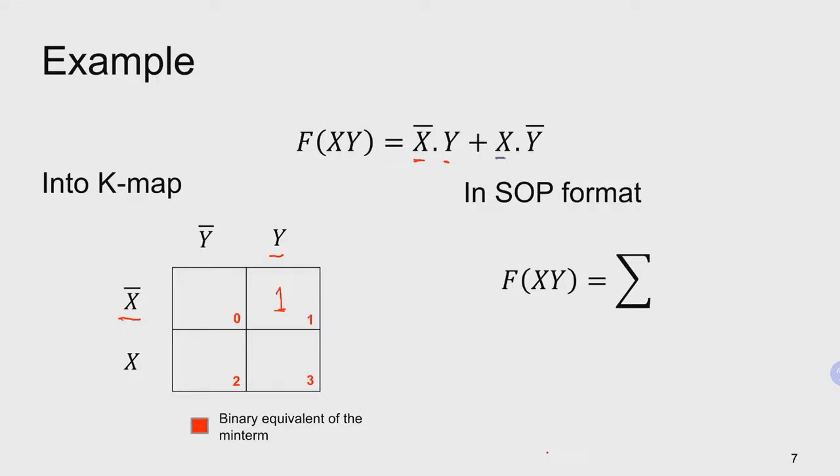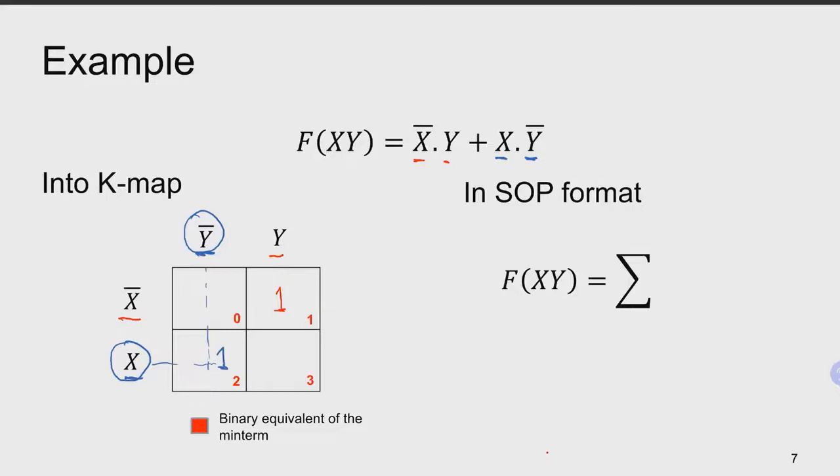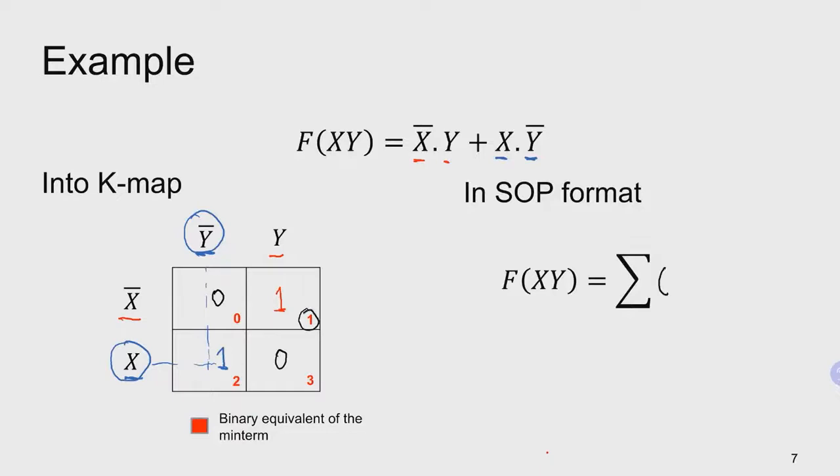And then we have X and Y bar. So this location here, so we put a 1 here. The other two minterms are missing from these expressions, so we're going to put a 0. So in our sum of products or SOP format, this is the sum of the minterms of 1, 2.